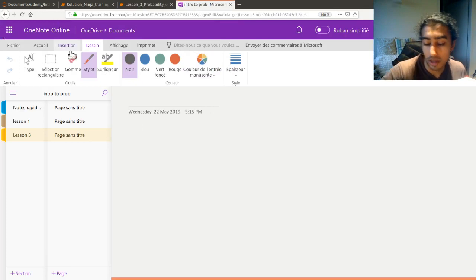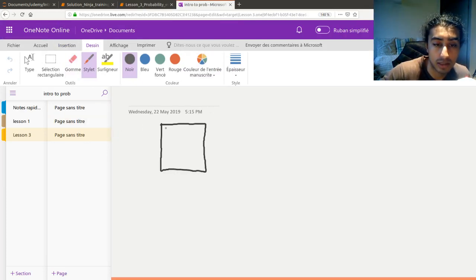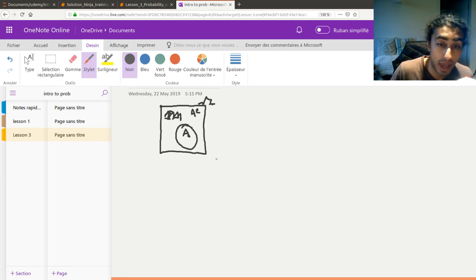So, first, let's draw a nice picture. This is going to be our sample space, and let's say we have a set A. So here, this is A. Maybe I should say the whole thing is omega. And then outside is A conjugate, right? Now, A conjugate and A are disjoint. Remember? Disjoint means they don't overlap.